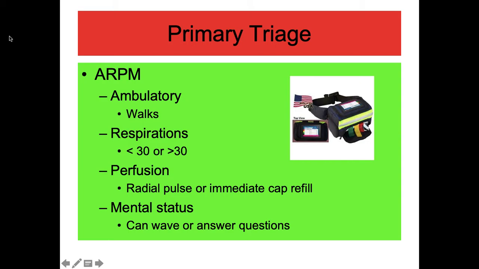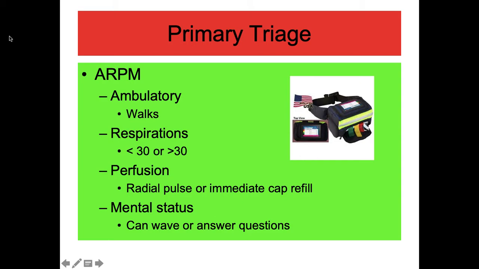If their breathing is less than 30, then we have to move on to the next parameter. We have to go to perfusion. So we go to perfusion, we feel a radial pulse. Now, cap refill is not very accurate in adults, and especially people who have poor perfusion. So they strongly recommend just using the radial pulse for these patients.